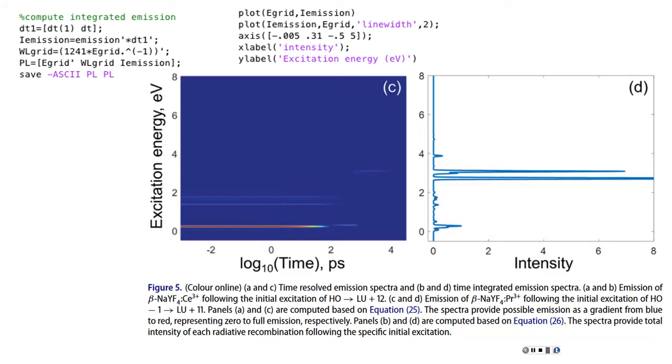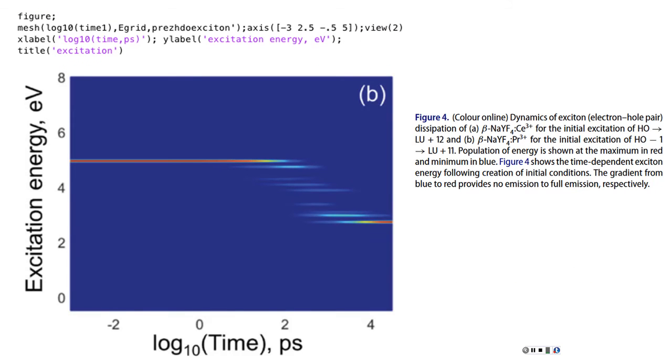This is time resolved emission. At each time step, we can see the emission. And this is time integrated emission, so it is taking the average of the integration. And the final figure you can get is the time resolved exciton picture.